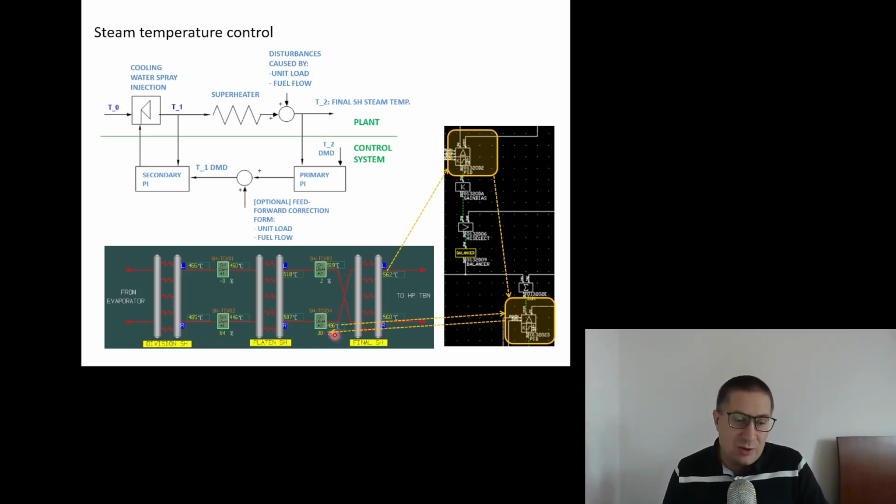And this is the operator graphic, where the operator can see, this is a once-through boiler without the drum. The temperatures are higher, so here you can see this 560 centigrades.